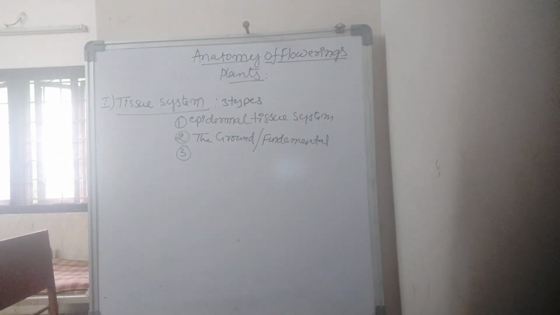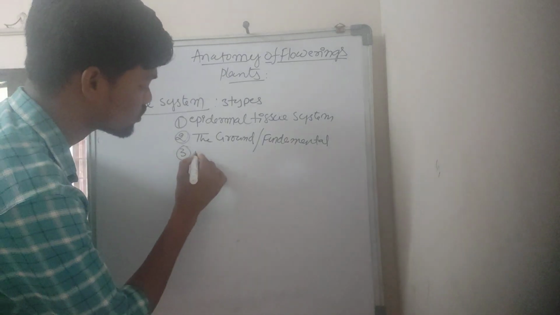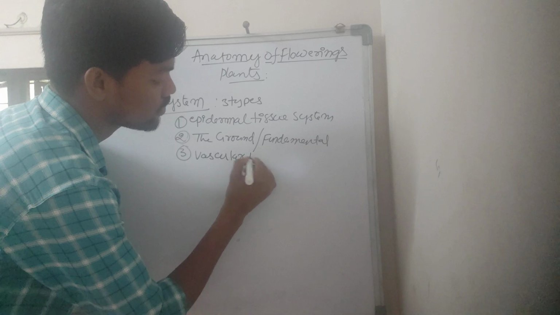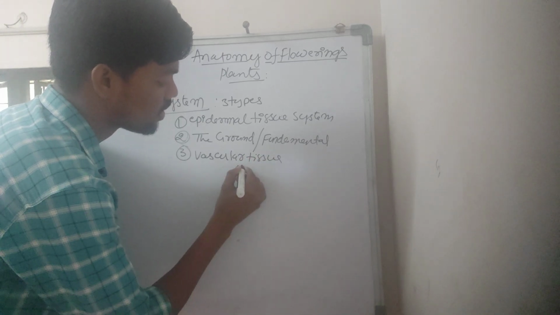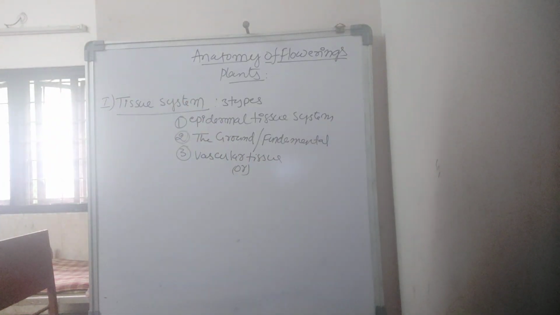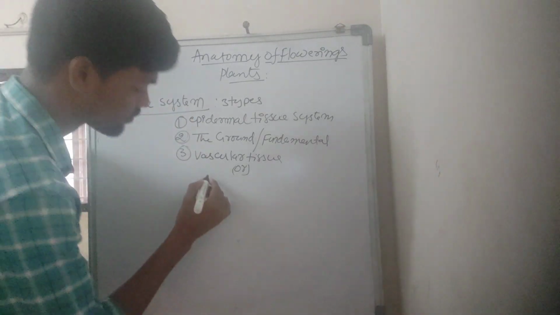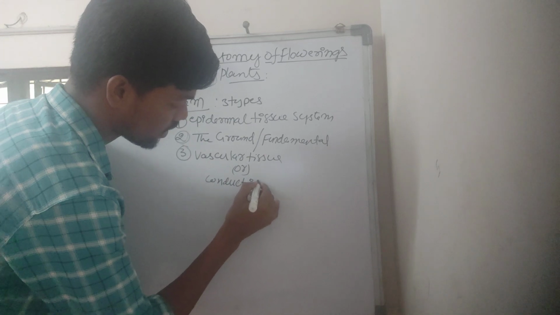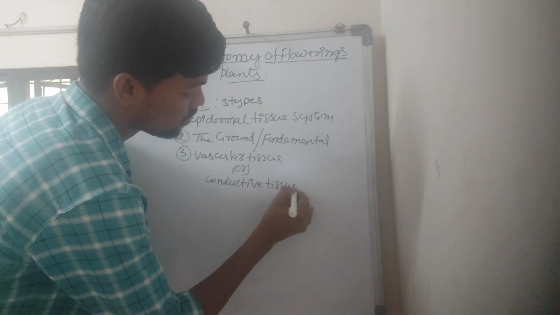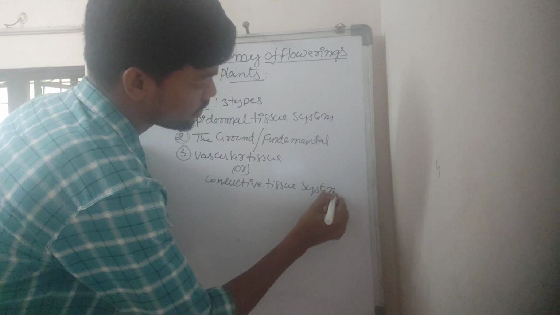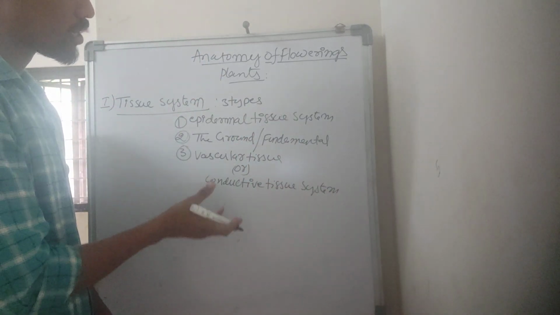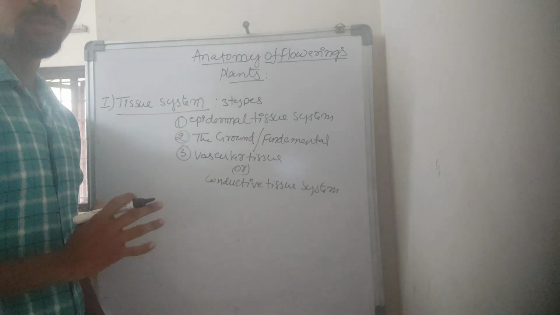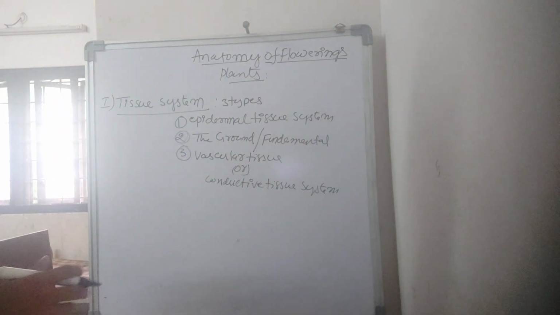The third one is the vascular tissue, also called the conducting tissue system. Here it is very important to remember that conducting and vascular tissue are the same, and fundamental and ground tissue are the same.